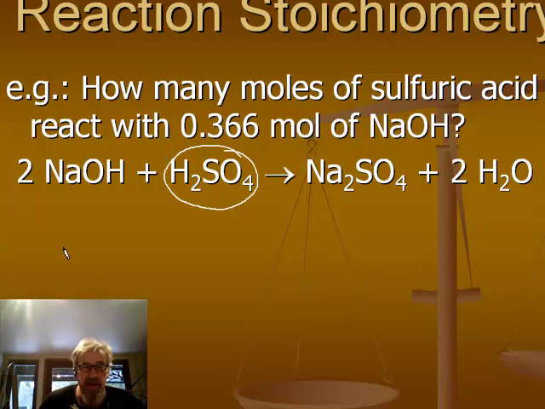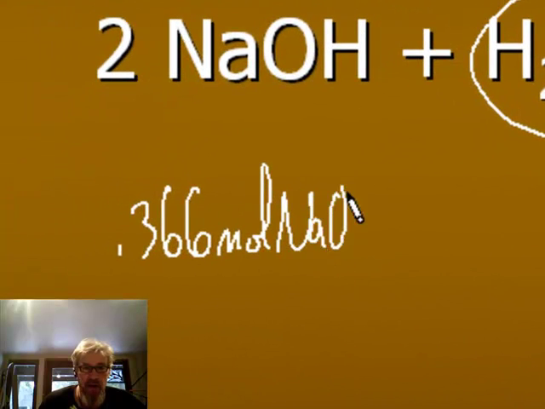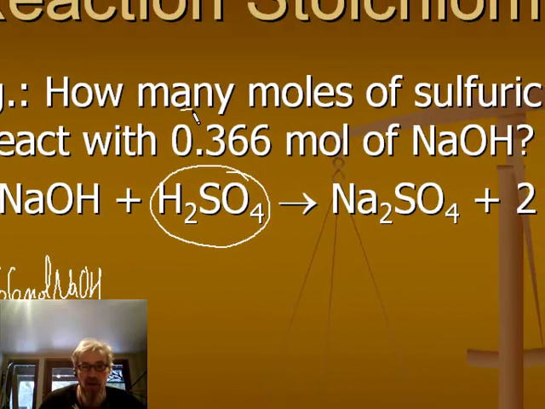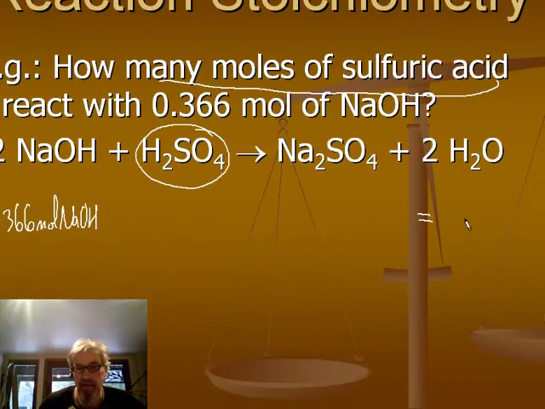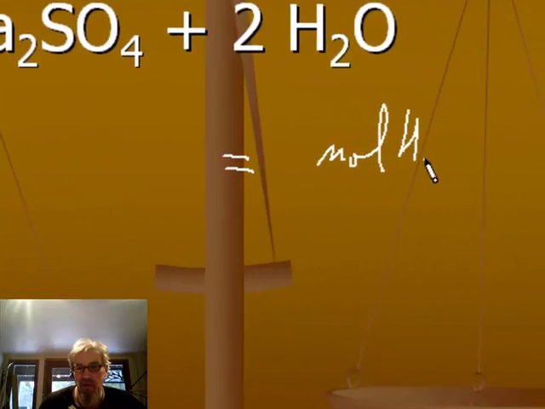Well, I'm going to start out, like I always do in dimensional analysis, by writing down what I'm given. I'm given 0.366 moles of NaOH. That's my starting point. The question asks me how many moles of sulfuric acid. So that's my ending point. Somewhere over here I have to end up with moles of H2SO4.